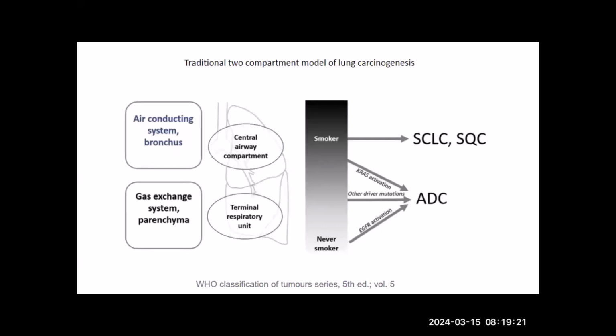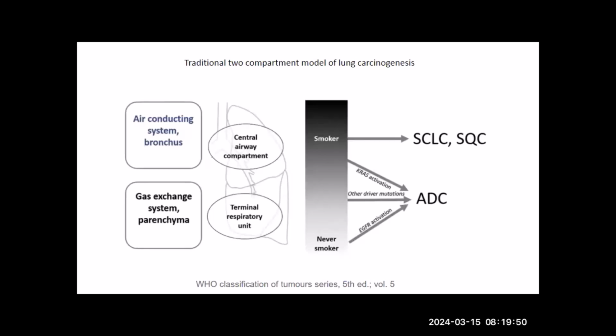The cancers associated with the central airway disease are squamous carcinoma and small cell carcinoma, and those associated with the peripheral terminal respiratory unit are usually seen in non-smokers, associated with driver mutations like EGFR, and the histology is that of an adenocarcinoma.